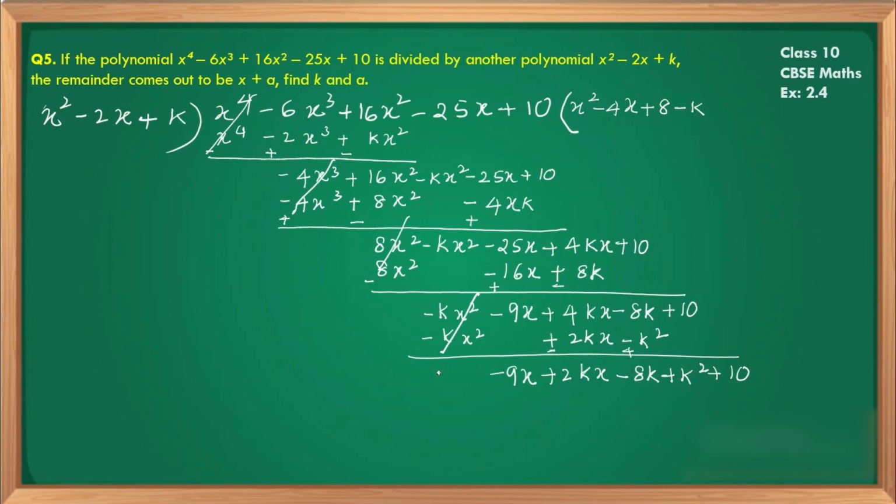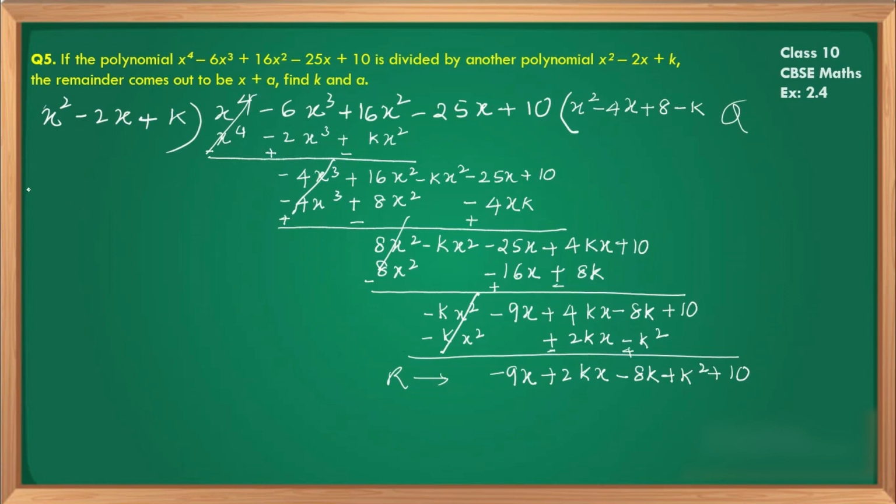Therefore, we assume that this is the remainder and this is the quotient. Now, in the question, the remainder has to be x plus a. This is the remainder. What we got is this.